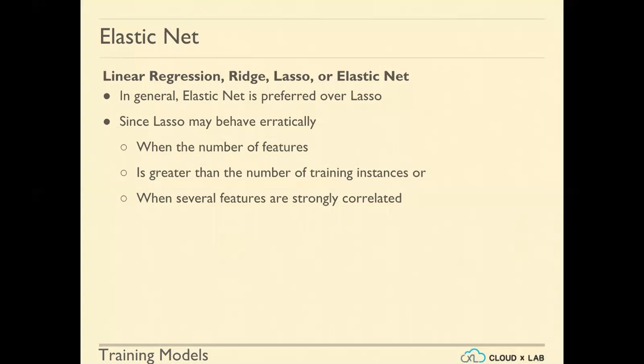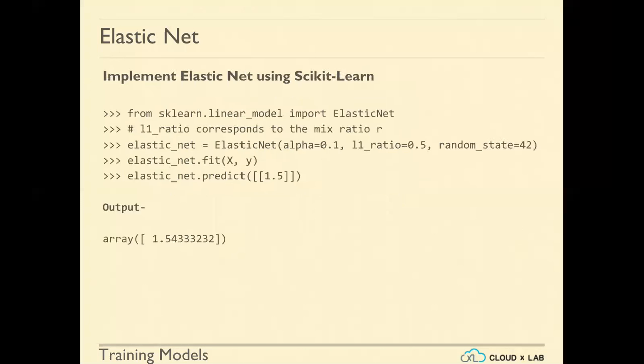That's right, Gopi. The way we decide the value of R is by experimenting with different values, so that becomes a hyperparameter. All right, so let's try to implement ElasticNet. ElasticNet is again part of the linear model package, and we can import ElasticNet. All we need to do is call ElasticNet with a value of alpha and the L1 and L2 mix. L1 underscore ratio is that R value.